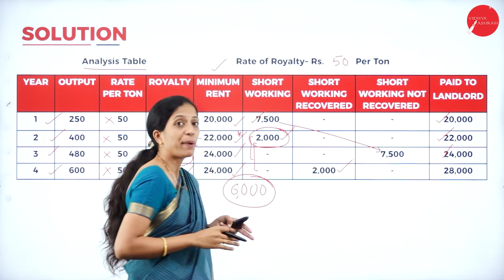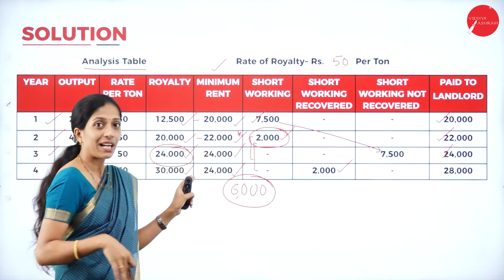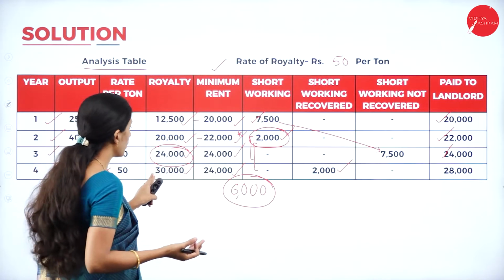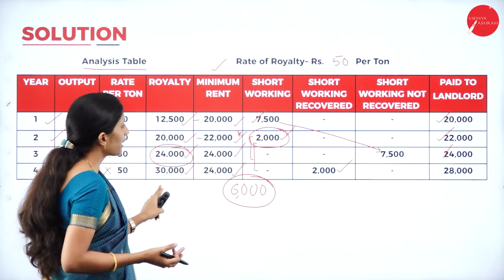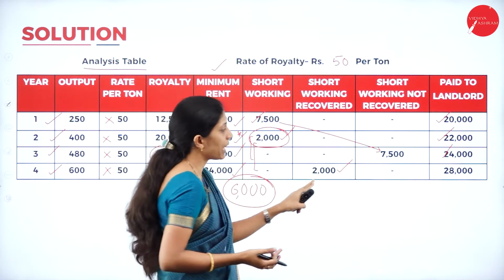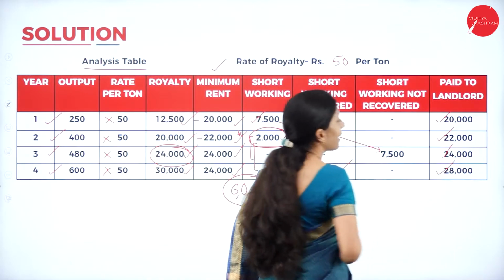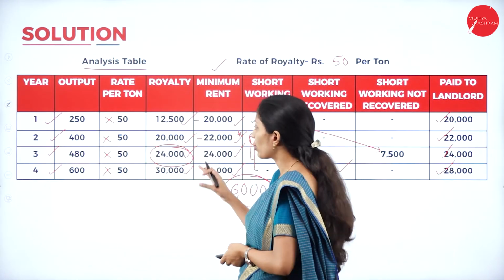And what is the amount paid to landlord? Royalty minus short workings recovered is paid to landlord. So you had a royalty of 30,000, but you have recovered 2,000 here. So 30,000 minus 2,000, so 28,000 will be paid to the landlord. Hope you are clear about it.